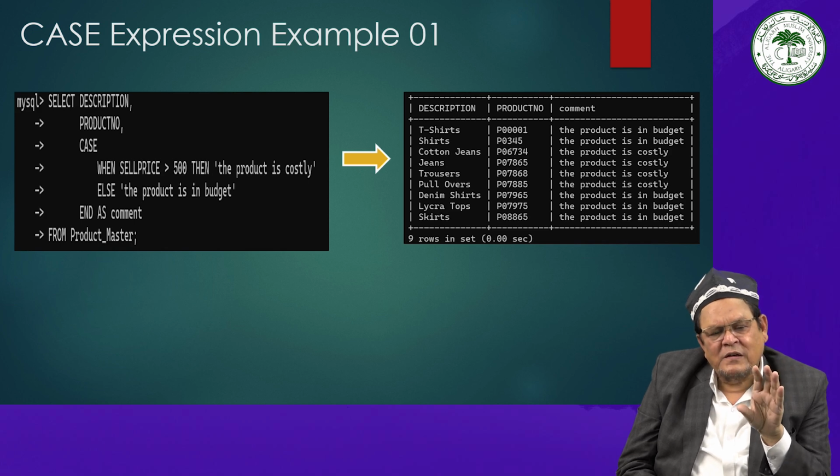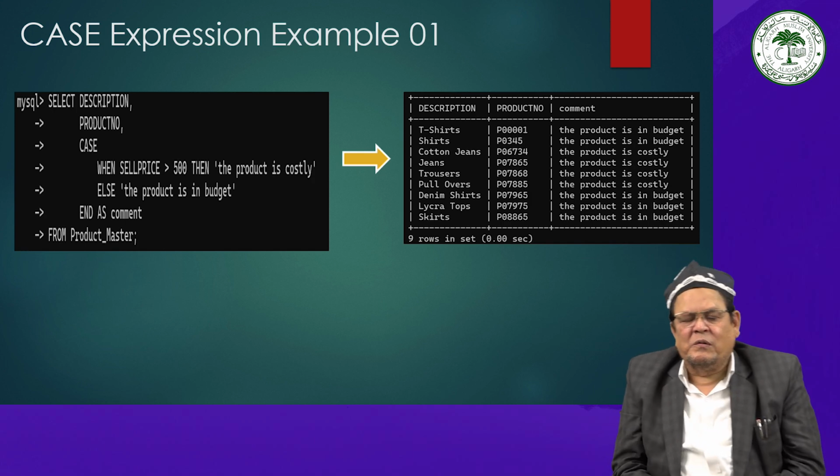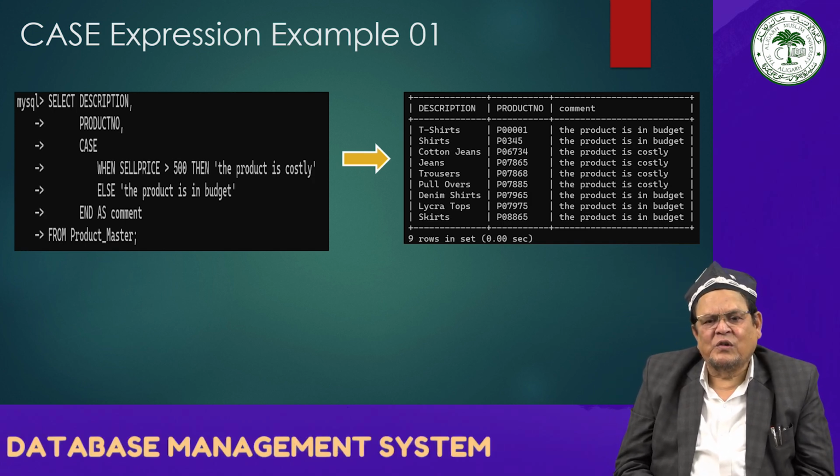When you run this in MySQL, the result is displayed on the screen. You can see the description, product number and the comment.